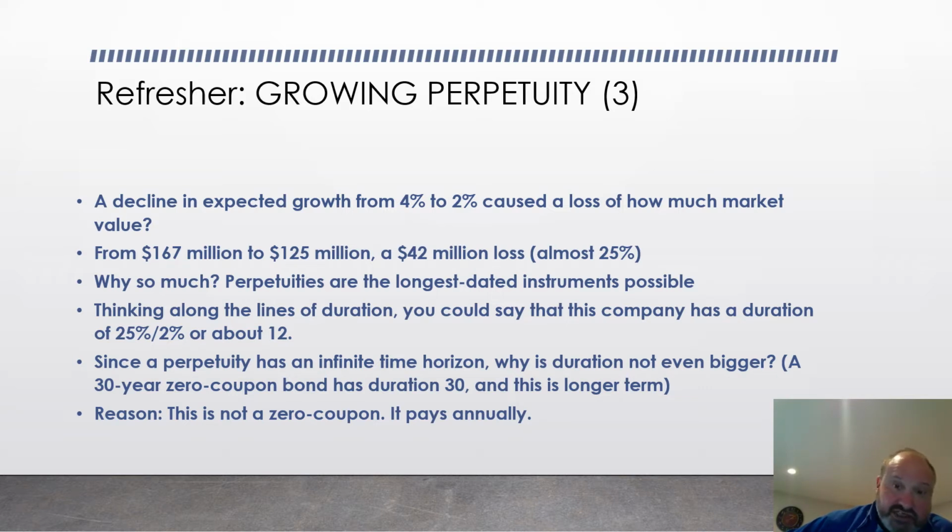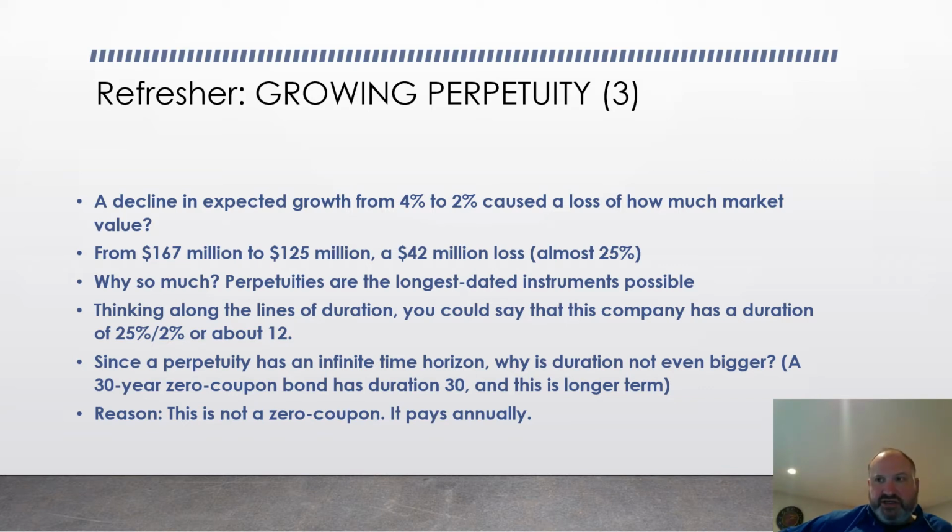I'd say good question. But the reason is, remember that a zero coupon bond doesn't pay anything along the way. A zero coupon bond, you get all the money at the end. Here, with a growing perpetuity, any kind of perpetuity, you're getting money all along, and that helps reduce the duration. It helps reduce the effect of an interest rate change, a growth rate change, whatever, on the value.